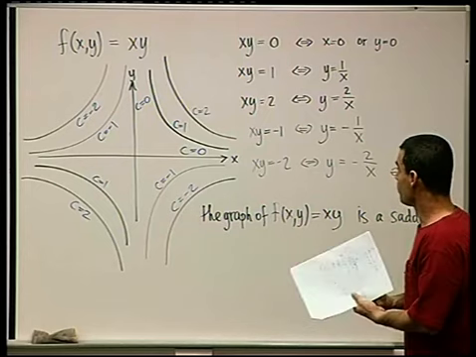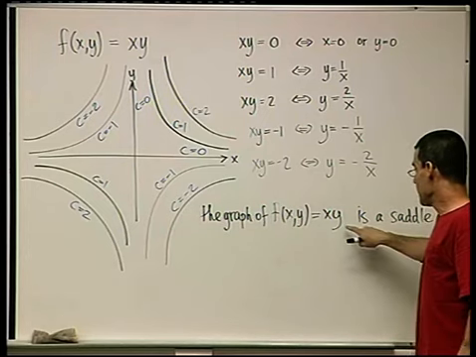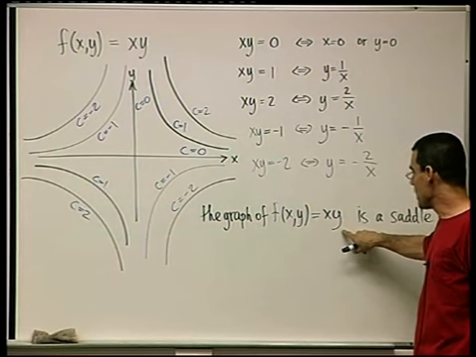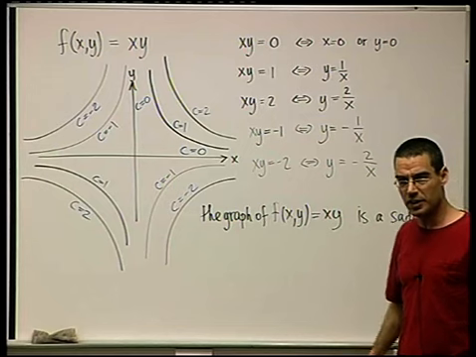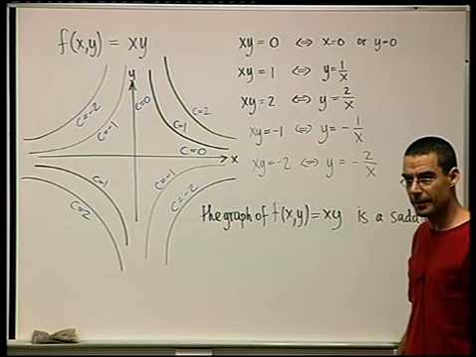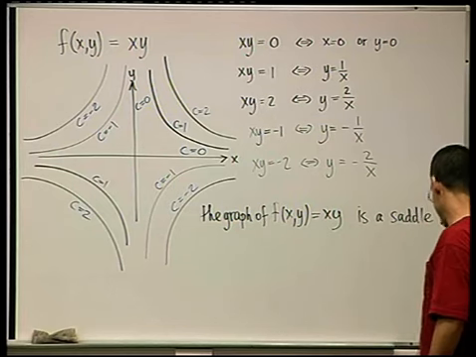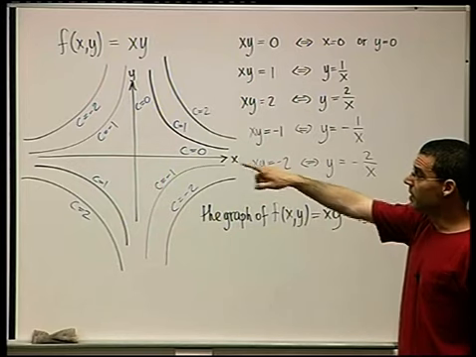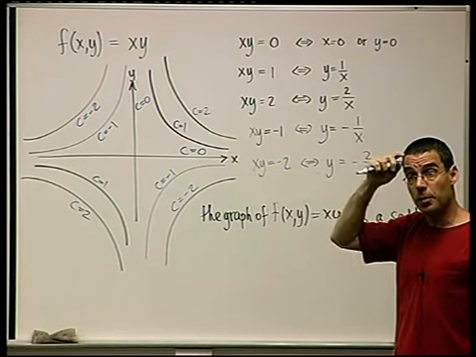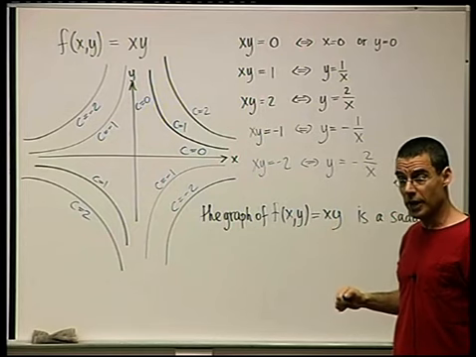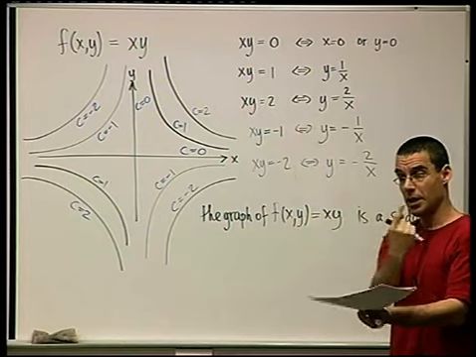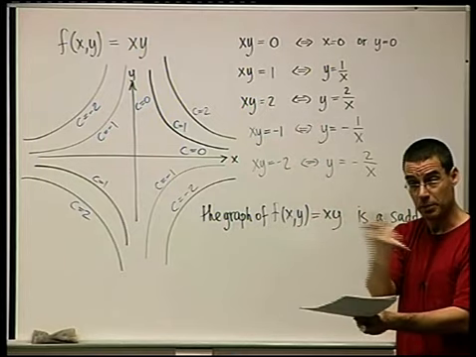Okay, so when we drew a saddle, do you remember what the formal name of a saddle was? Pringle. Okay, no, that wasn't the formal name. Remember that the paraboloid that we just drew a couple of boards ago was called an elliptic paraboloid because it was the shape of a paraboloid, but the cross sections were always ellipses.